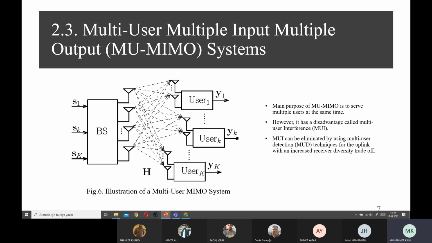So this is a problem in multi-user systems, but this problem can be resolved by using the multi-user detection techniques, which have been produced in the literature, again in the uplink. But when we do that, we are increasing the receiver diversity, which is a trade-off in this system. So it basically depends on the case when we need the multi-user cases.